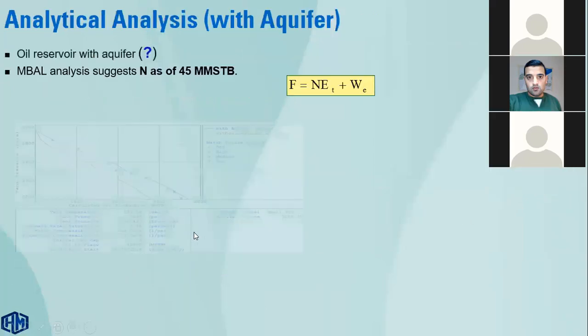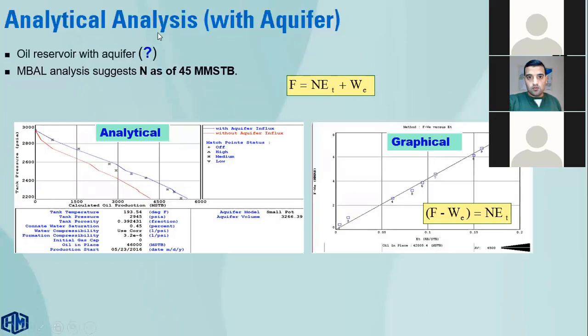This is another example of MBAL software. In this, we have an oil reservoir with or without the water aquifer. In the analytical analysis, you can see we have tank pressure versus cumulative oil production, and this is the field data or actual production data of tank reservoir pressure versus cumulative production.